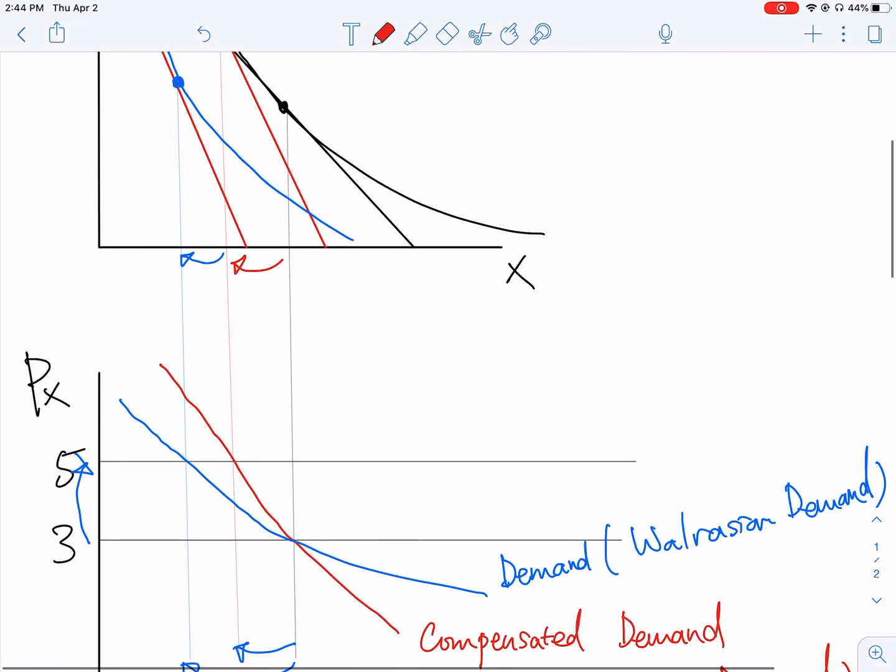So if it's not a normal good, if X is an inferior good, then we can expect that the demand curve is actually going to be steeper than the compensated demand curve, right?